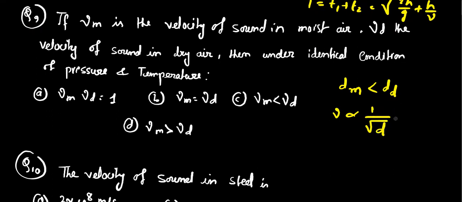That's why we can say that the velocity in moist air is greater than velocity in dry air. So option D is the correct option.